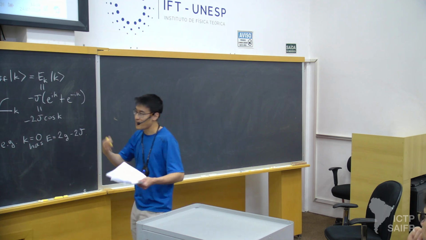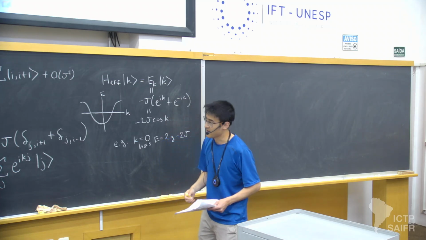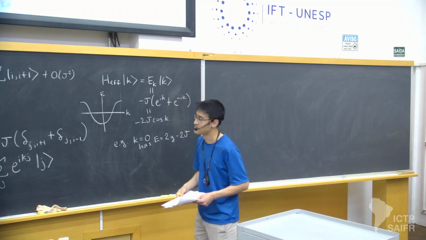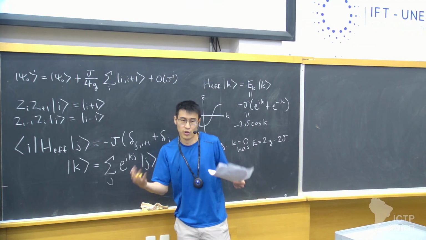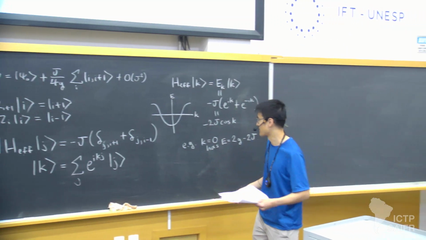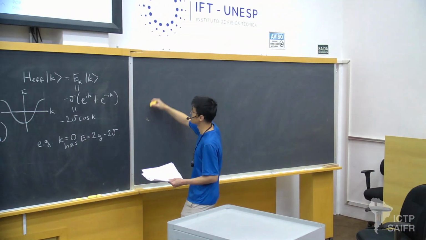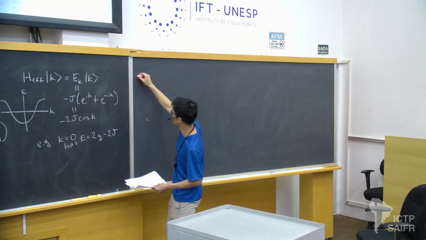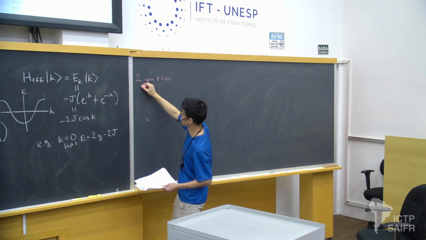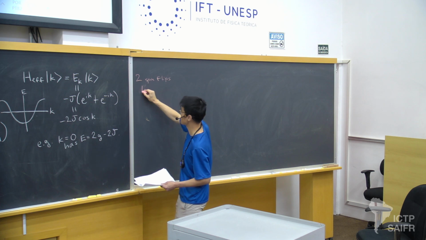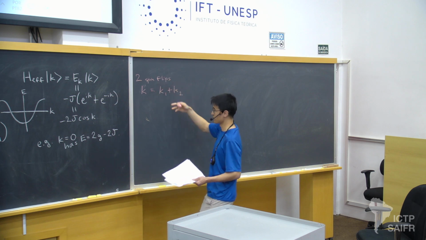And so now we have pairs of these spin flip excitations, right? And when we have two of them, now the momentum of these spin flip excitations no longer fully determines the energy, right? So here you have one excitation, each momentum has a given energy, right? But now when we have two spin flips, right? We have a total momentum K that's given by the sum of the two individual spin flip momenta.